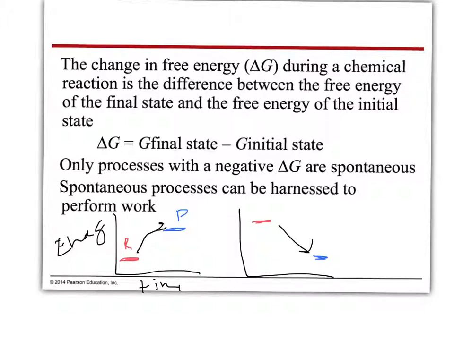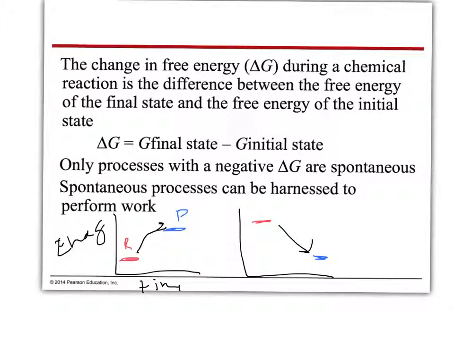So what's going to happen overall? The energy state of the reactants in the first reaction, in the first graph on the left, is going to be increased. So what happens to the free energy? Is it negative? No, it's positive, because the products are going to have a higher free energy.